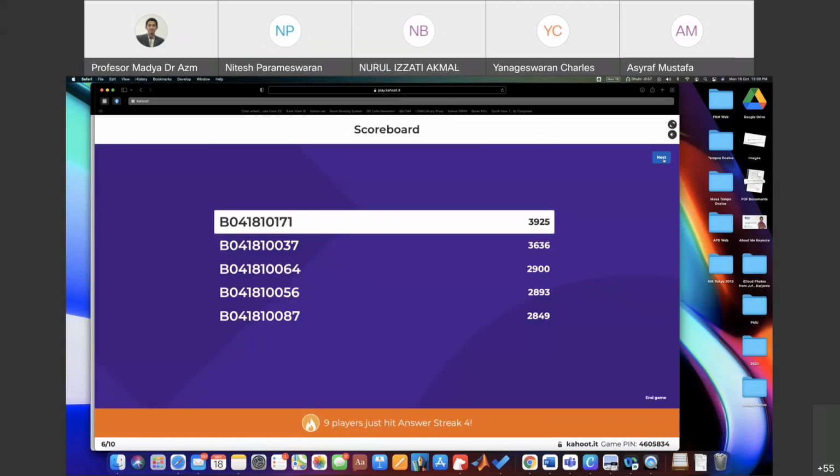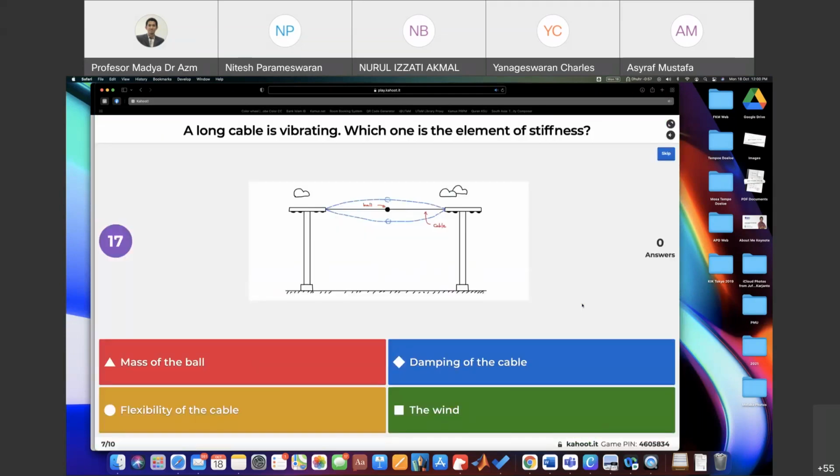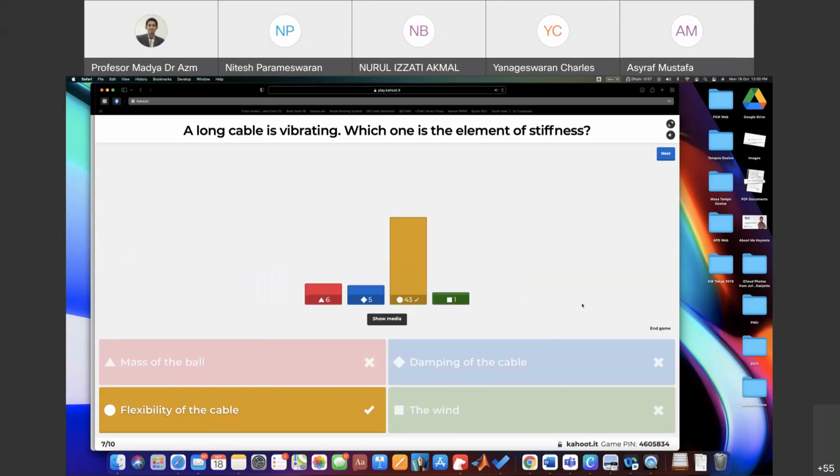Okay. Yeah. Stiffness, flexibility. Ya, element of stiffness.